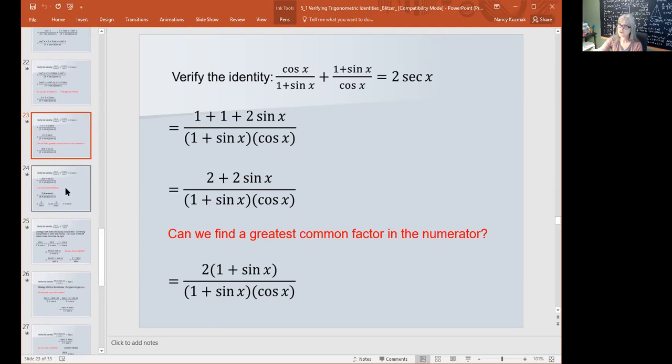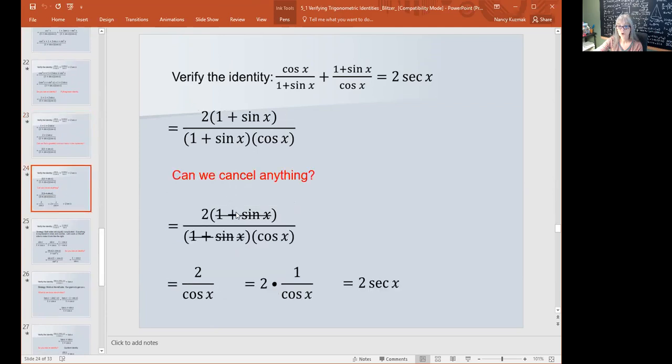And normally something that's complicated will probably cross out. So now I can cross out the 1 plus sine x and 1 plus sine x, and I'm left with 2 over cosine x. And what is it when cosine x is in the denominator? So now I have 2 secant x.